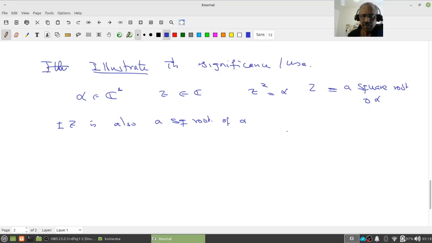Therefore, if I want to denote without confusion by square root of alpha, I have to make a choice of plus z or minus z. Remember, just because it's plus z, you cannot think it's positive, or minus z, it is negative. So I have to somehow make a definite choice of one of them. Let us go slow, we will understand this. See, let us have a digression.